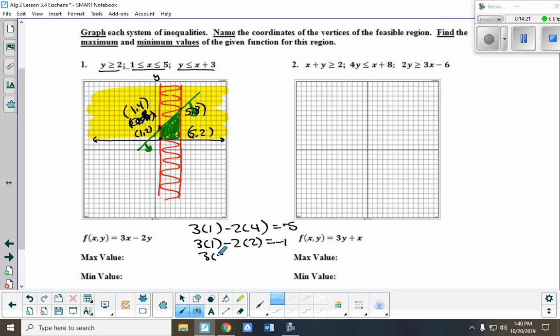And 3 times 5 minus 2 times 8 is 15 minus 16, which is negative 1. And 3 times 5 minus 2 times 2 is 15 minus 4, which is 11. So this is where our maximum value is. It's at 5, 8, and you get 11. And the minimum value occurs at 1, 4, which is negative 5.